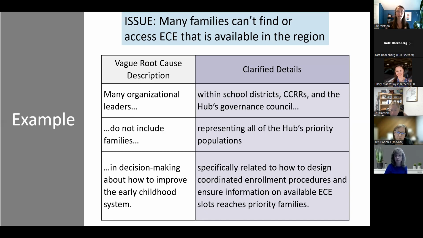In that toolkit, there's a link to a separate handout that has two other examples of root causes that go through the same clarifying process. So take a look at that if you want some more examples. But essentially, you're just asking the questions who, what, where, how, to flesh out and prioritize where we want to focus. Where do we want to start?